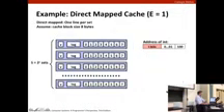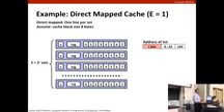All right, let's look at a more specific example for the simplest kind of cache, which is when E equals 1, when there's only one line per set. This kind of cache is called a direct map cache. So here we have S sets. Each set consists of a single line. Now suppose our program references a data item at a particular address.